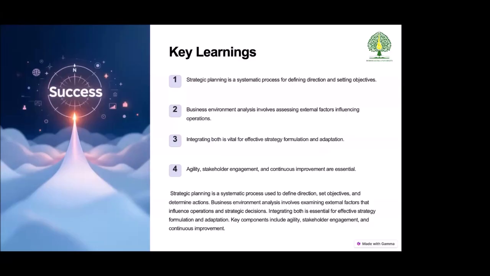Business environment analysis involves examining external factors that influence operations and strategic decisions. Integrating both is essential for effective strategy formulation and adaptation. Key components include agility, stakeholder engagement, and continuous improvement.